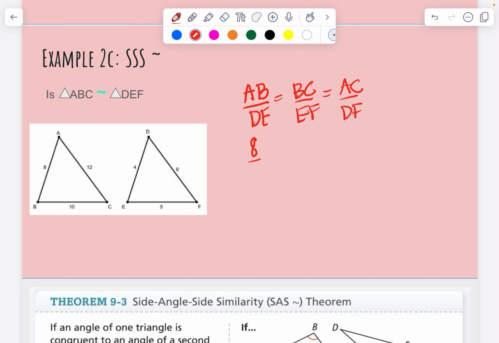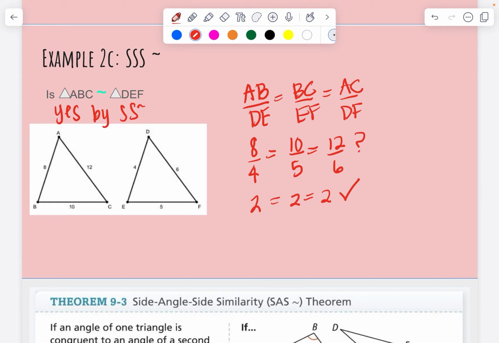So plugging in the numbers is 8 over 4 equal to 10 over 5 and 12 over 6. If I simplify these, they're all equal to 2. So yes, these two triangles are similar by S, S, S.